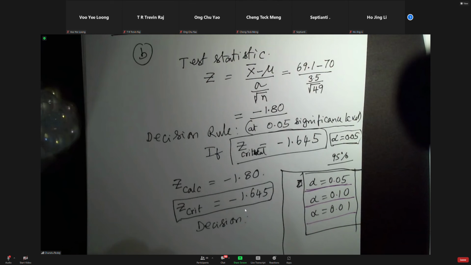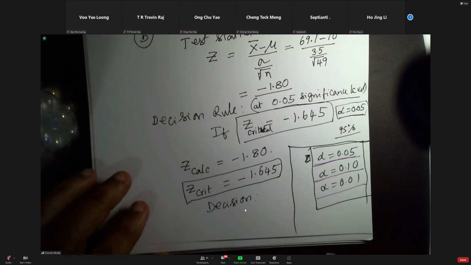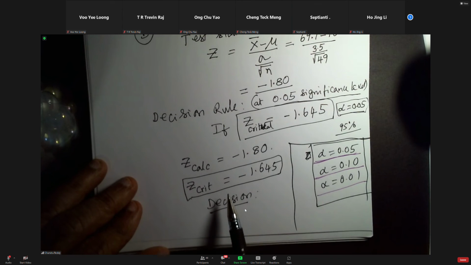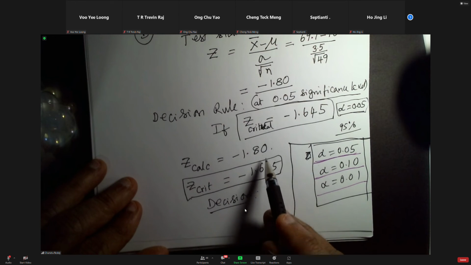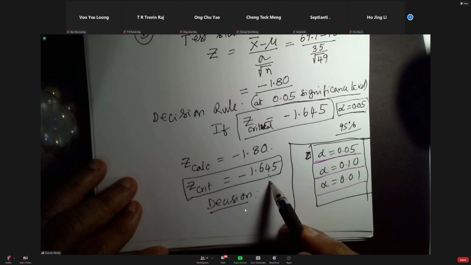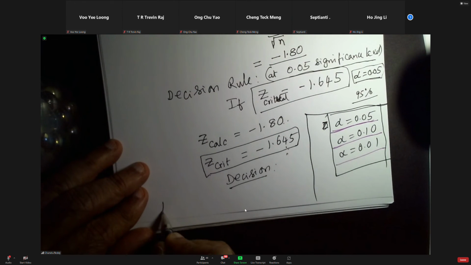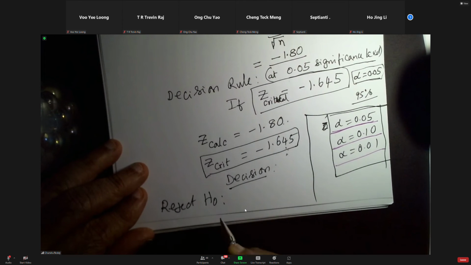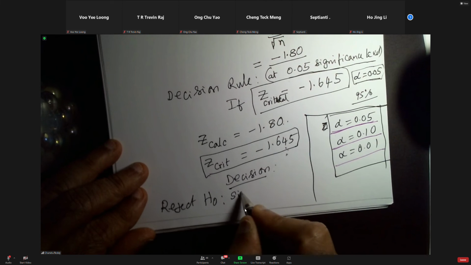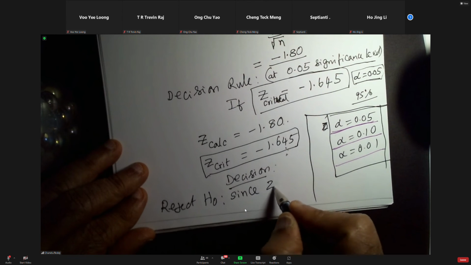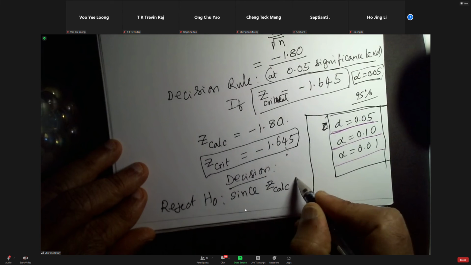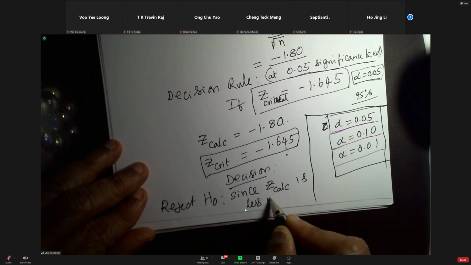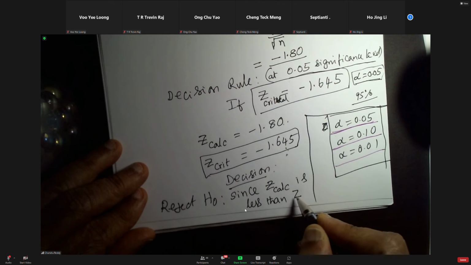Now the decision: the test statistic, the calculated value, is less than the critical value. Therefore we reject the null hypothesis. So the decision is reject null, since the calculated value is less than the critical value.